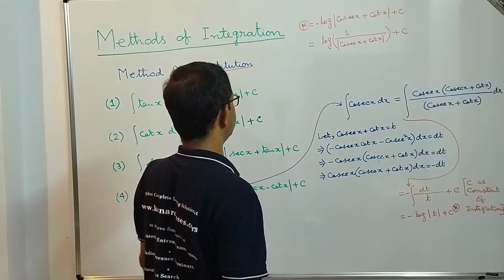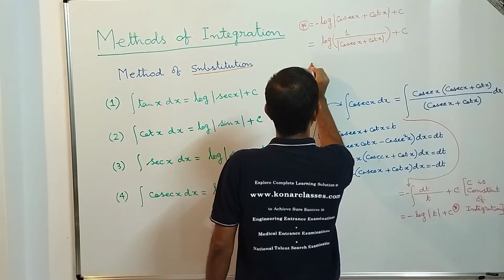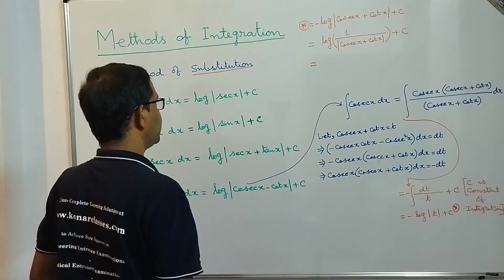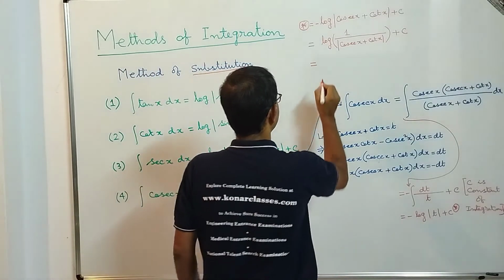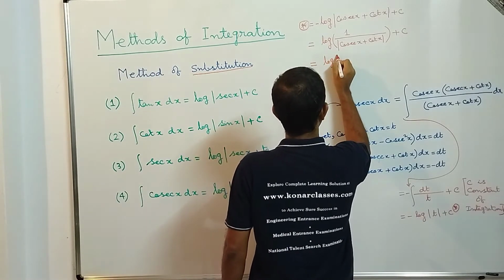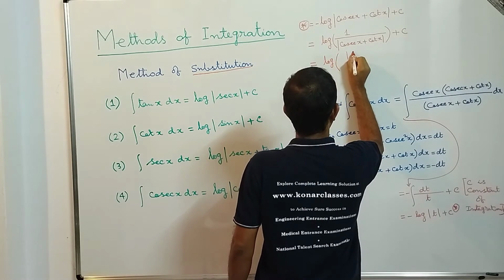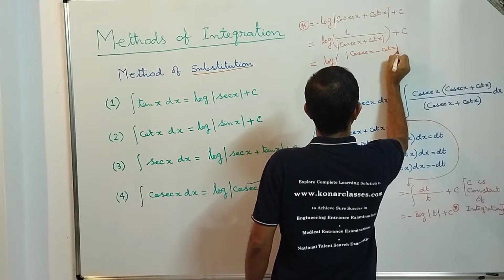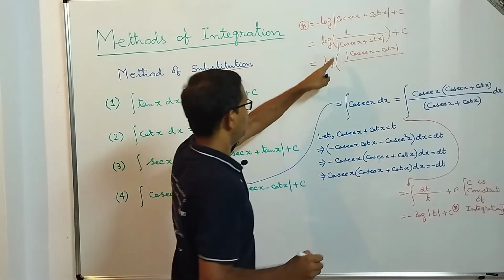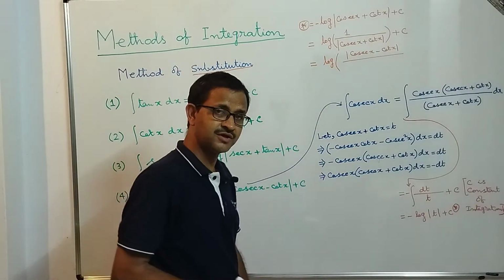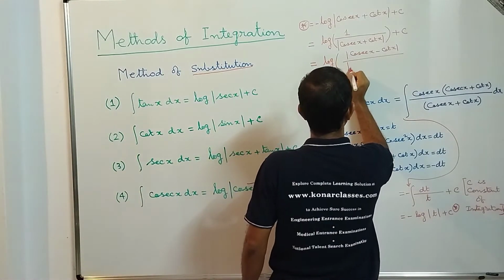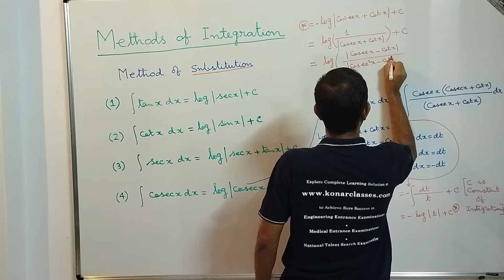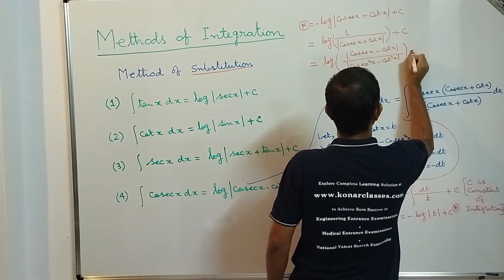Now what we are going to do, dear students, is multiply both numerator and denominator by cosec x minus cot x, mod, okay? So we can write log of mod of cosec x minus cot x divided by, in the denominator, cosec square x minus cot square x, plus c.